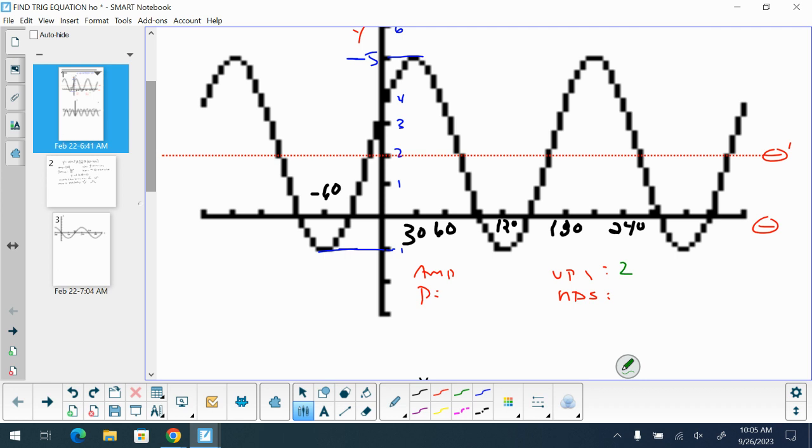Well, how do we calculate the amplitude? It's the distance from our prime axis to what? By definition, what's the amplitude? Distance from the neutral axis to what?